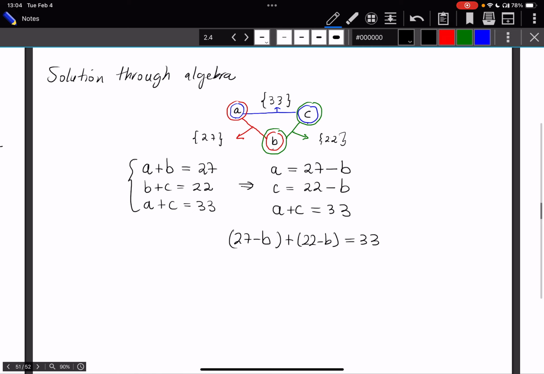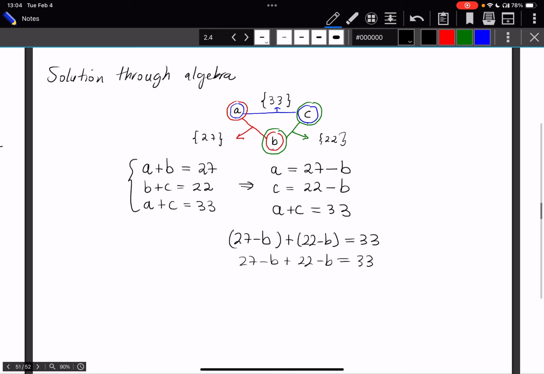And we're getting an equation in terms of one variable only. We're going to find B this way. Because 27 minus B plus 22 minus B should be equal to 33.